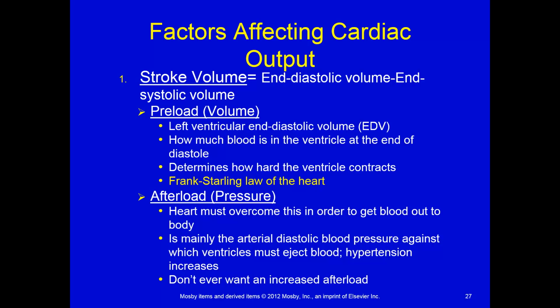So it's just like a rubber band. Pull it back hard, it's going to contract hard, right? Fill the ventricle, it's going to contract hard. That's Frank-Starling law of the heart. So do we want the ventricle to have a nice, good volume of blood in it before it contracts? Yeah, because it's going to make contraction that much better. If it's nice and full and really pulling on the walls of the ventricle, it's going to contract that much better.